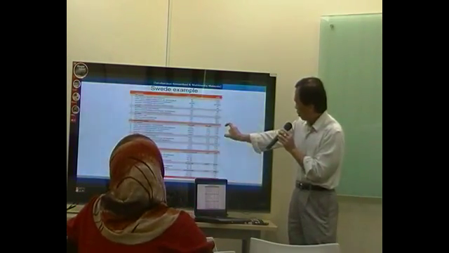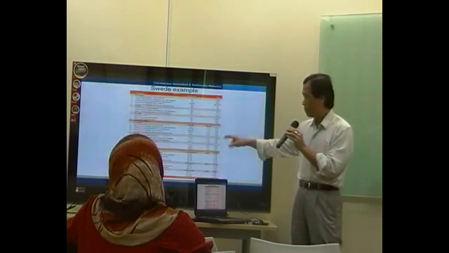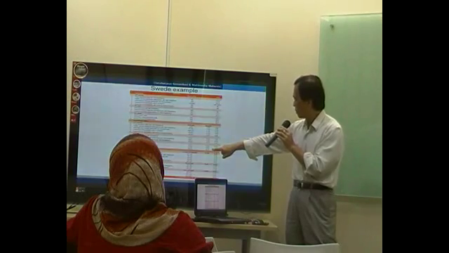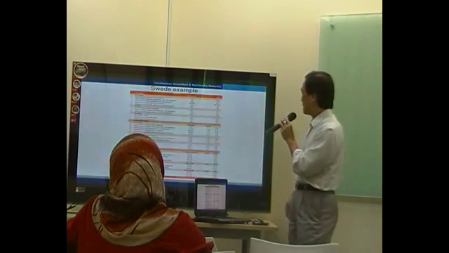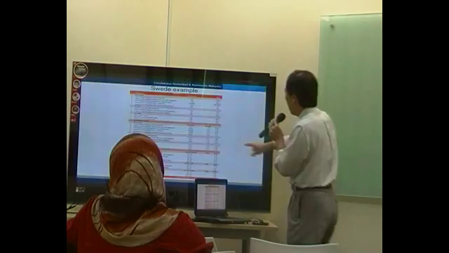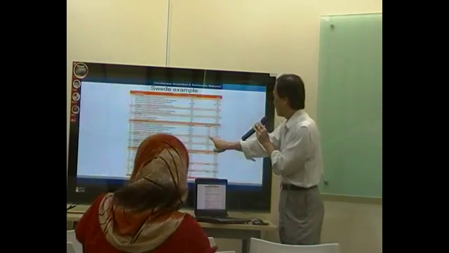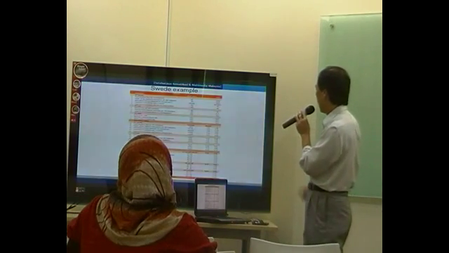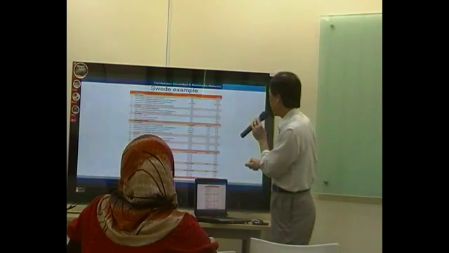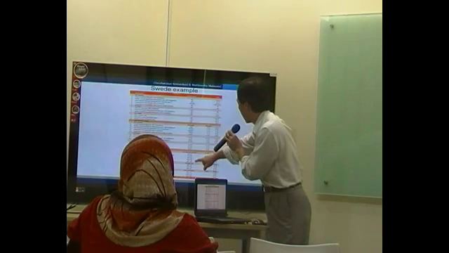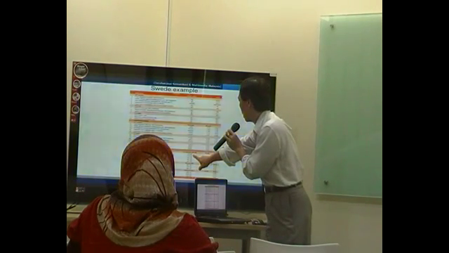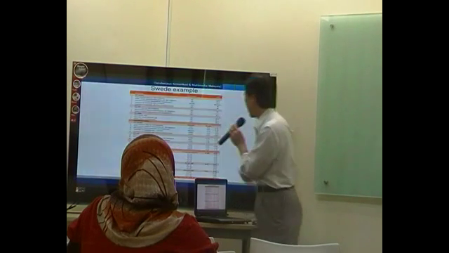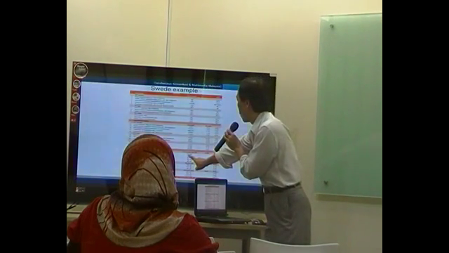I told you that within each of these clusters, the weights are the same, right? 0.2, 0.333 and so on. This one also. So they will take this, multiply by this, then add up. You get what I mean? The formulas are all here. To get the ICT access subindex, they take Z1.